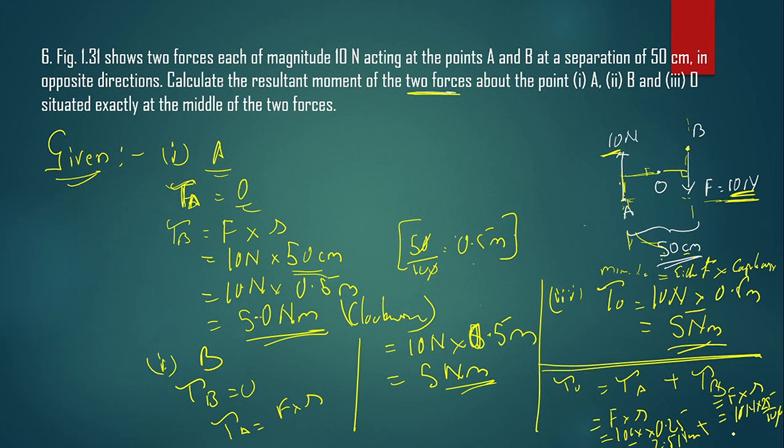This will become 2.5 Newton meter. Then you'll add both, 2.5 plus 2.5, it will give you 5.0 or just 5 Newton meter. So torque at O will be 5 Newton meter. You can do it either by this method or by this method. Alright, I hope you understood this.